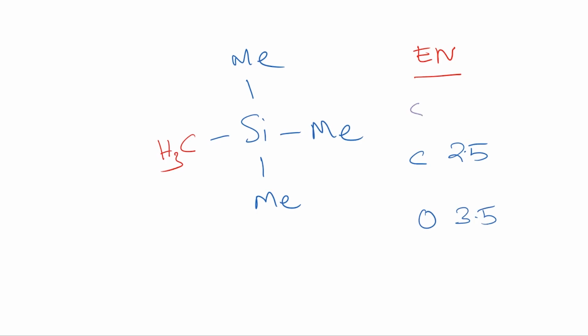But now if I look at silicon, silicon is 1.8. Okay. So, the electronegativity of silicon is less than that of carbon, right. So, therefore, what is expected is that if you take a carbon next to a silicon, such as in this case, then the electron is going to be pulled towards the carbon.